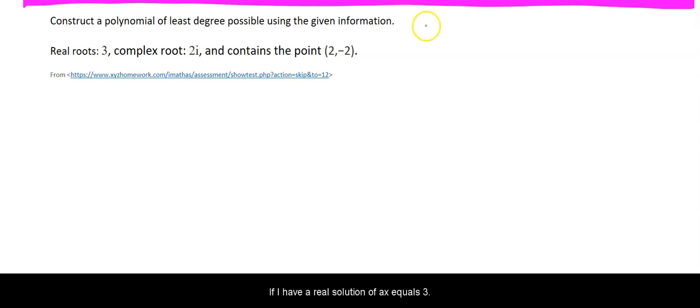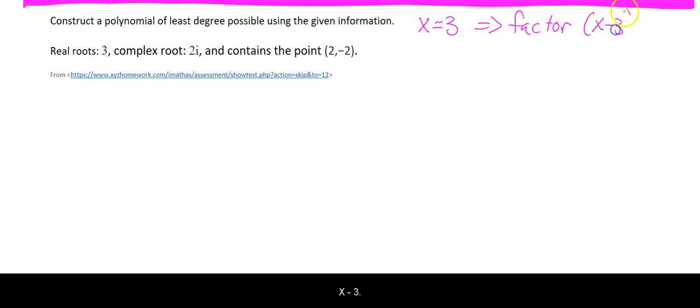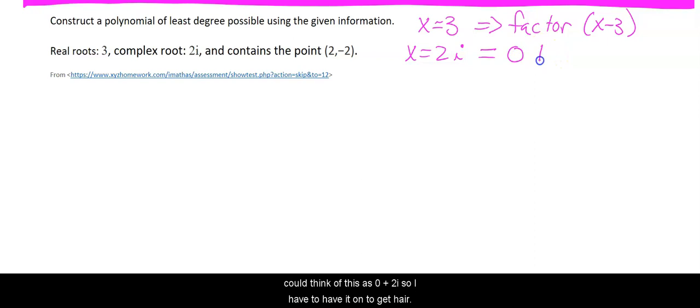First, if I have a real solution of x equals 3, that means I have to have a factor of x minus 3. I have a complex root of x equals 2i, but complex roots with i parts have to come in pairs. There is no constant part or real part on this one, but I could think of this as 0 plus 2i, so I have to have its conjugate pair.